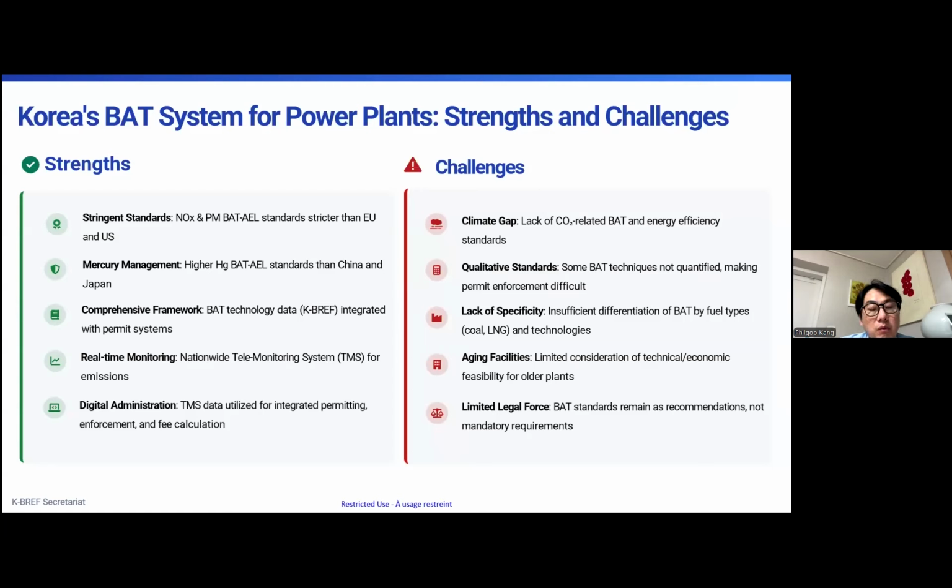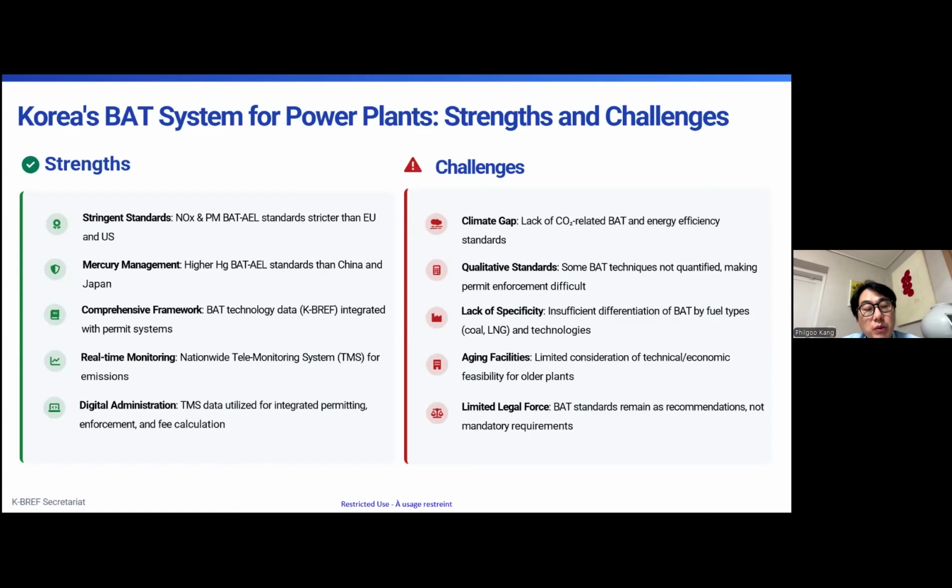We have a very powerful BAT big data system with installation plans, permission reports and also annual reports, something like that.